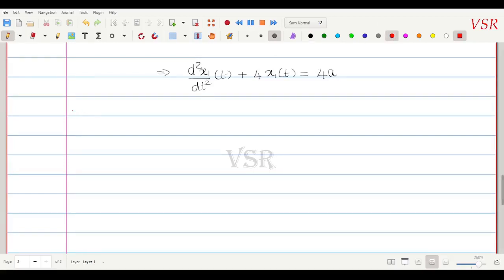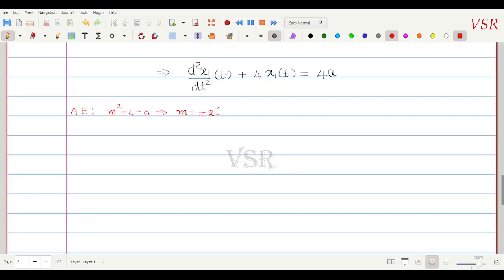First we will go for the complementary function. The auxiliary equation is m square plus 4 equal to 0. So m equals plus or minus 2i.